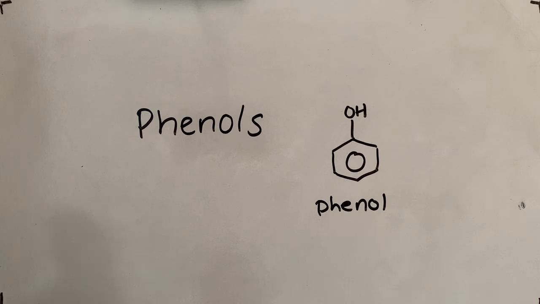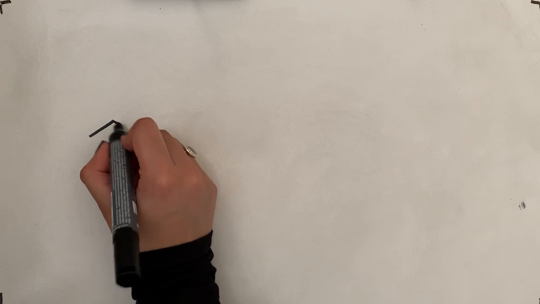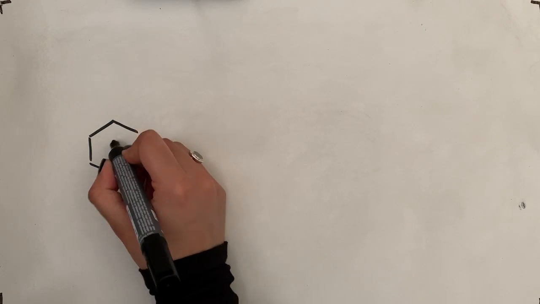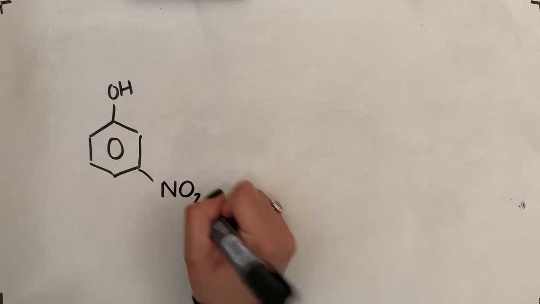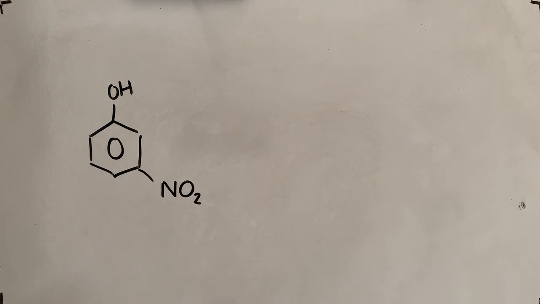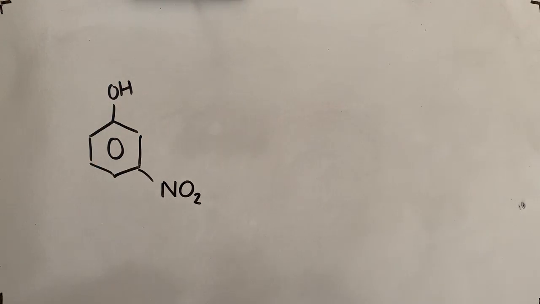Okay, so if we look at naming other types of phenols, where we have possibly other substituents attached to it, so this one over here. So again, we need to use the term parent and substituent. In this case, the phenol group, so this part here is what we class as the parent, and this NO2 group, this nitro group, is our substituent.